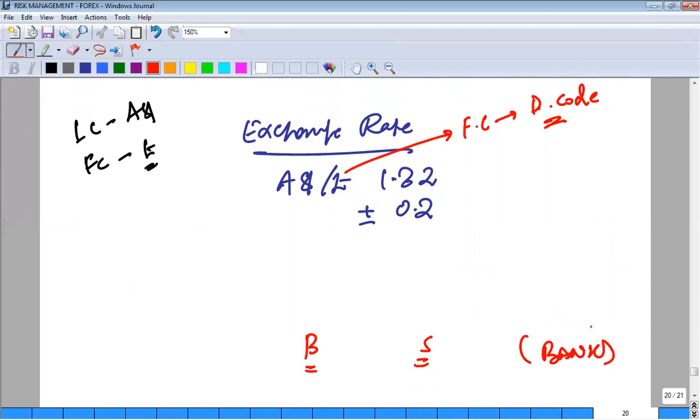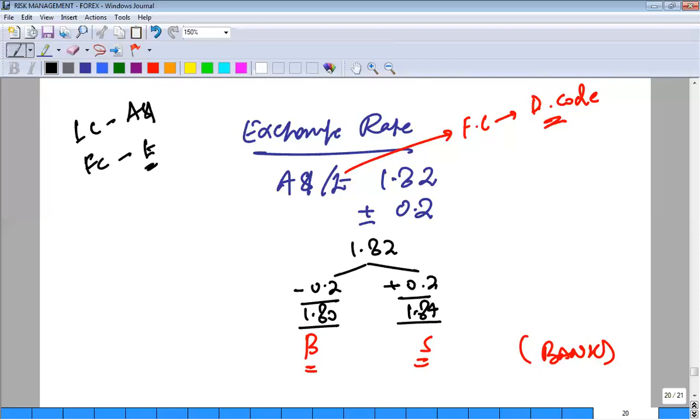And you know very well in the direct quote, the lower one is buying, the higher one is selling. So what you will do: 1.82 minus 0.2, that is 1.80, and plus 0.2, that is 1.84.